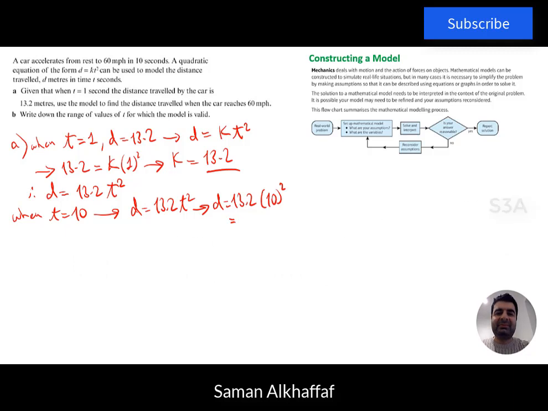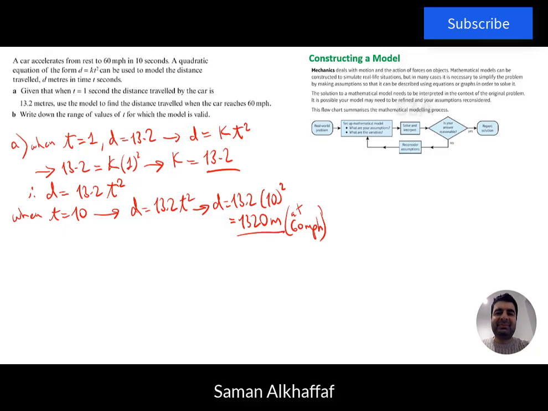So that will give us approximately 1320 meters, which is the distance traveled after 10 seconds, to reach the 60 miles per hour.